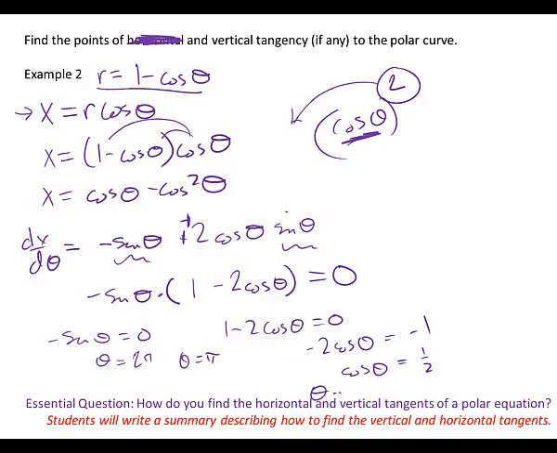So where does cosine equal positive 1/2? What 2 places? Pi over 3. Okay, where else? 5 pi over 3.